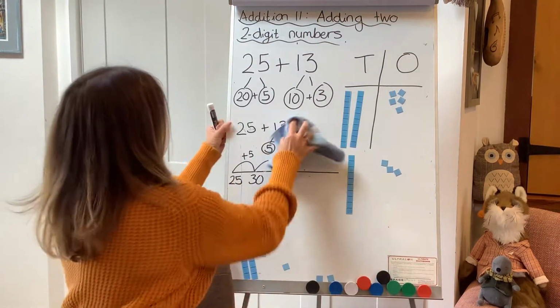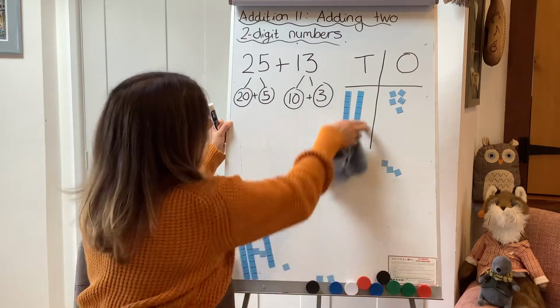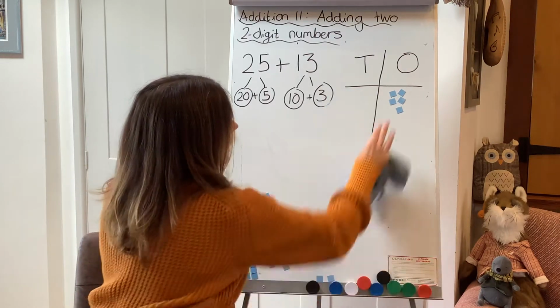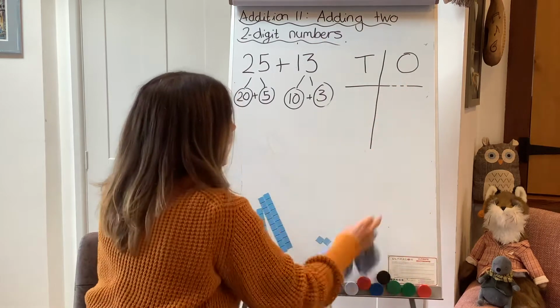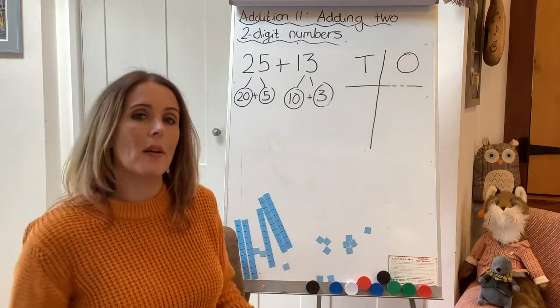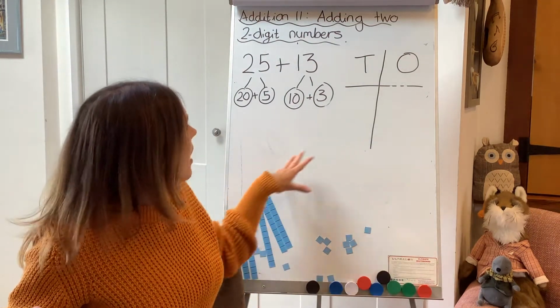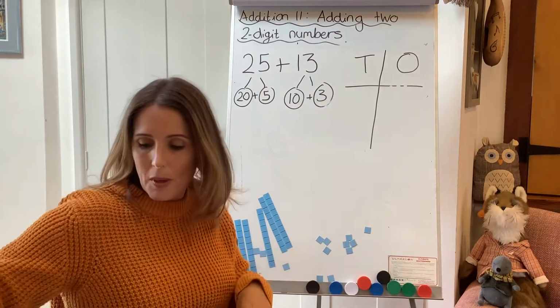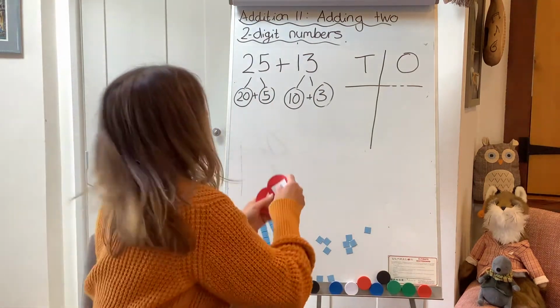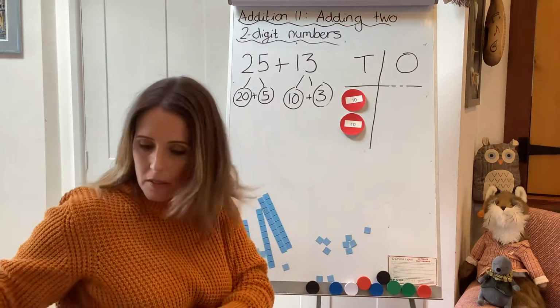Okay, the final way I'm going to show you of doing this one is using the place value counters. Once you understand tens and ones and you get into year 4, 5 and 6, you can then move on to using place value counters because they're really handy when you get onto bigger numbers. So if we can make 25. It's made up of 2 10s and 5 1s.